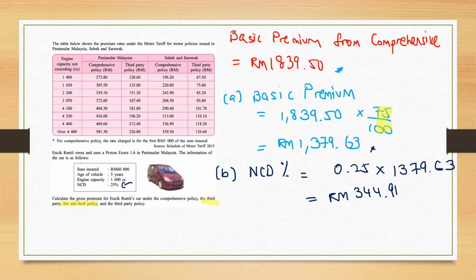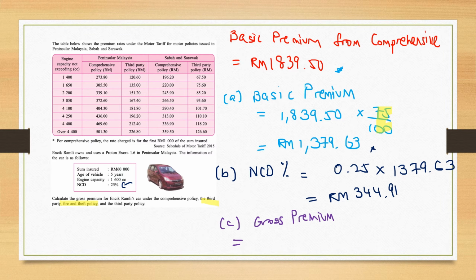Now for C, your gross premium. Again, as I mentioned before, there are two methods. Either you immediately calculate times 75% with your basic premium value right here, or just minus your NCD percentage amount.